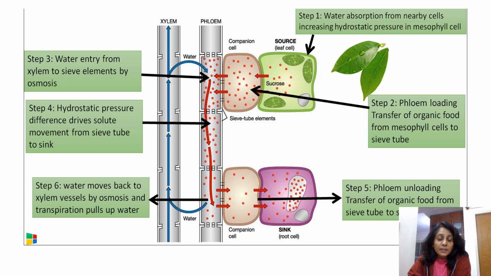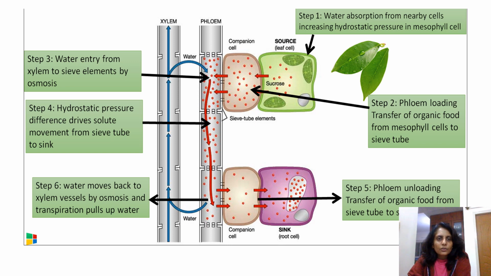In this image, you can clearly see what happens to the photosynthate that is produced in the mesophyll cells. In step 1, you can see water is absorbed from the neighboring cells, which increases the hydrostatic pressure in the mesophyll cells. In step 2, the phloem loading takes place, where the transfer of organic food from mesophyll cells to the sieve elements or the sieve tubes.